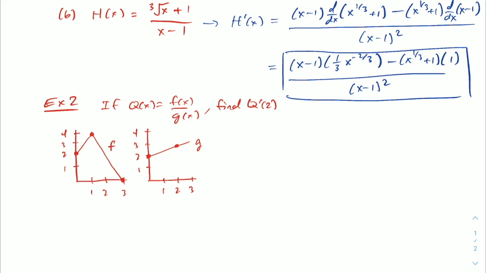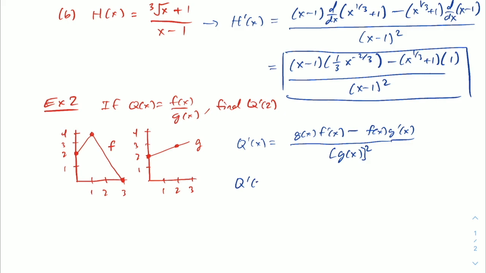This problem we're going to start by writing out the quotient rule. So the quotient rule is low d high minus high d low. To evaluate this derivative function at 2, we're just going to put 2 everywhere there's an x. And then we'll use our graphs to figure out what these values are.